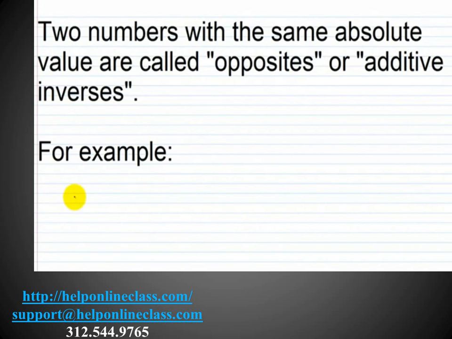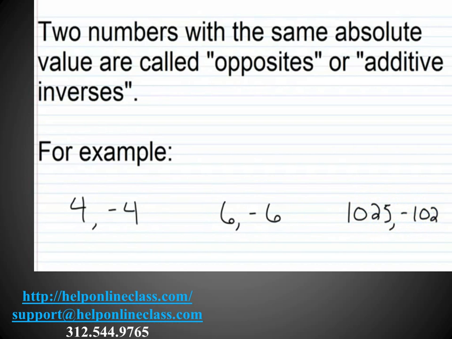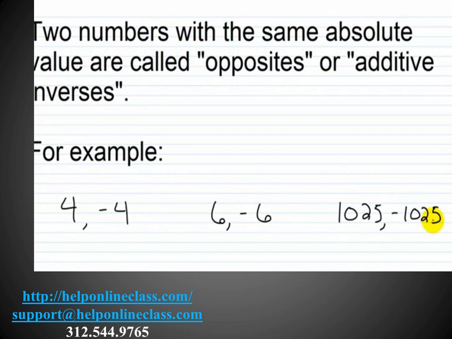So for example, 4 and negative 4, or 6 and negative 6, or let's say 1025 and negative 1025.